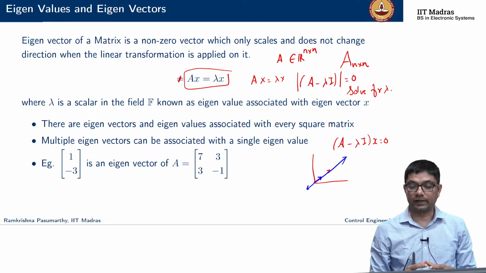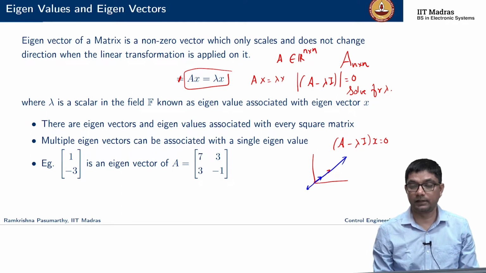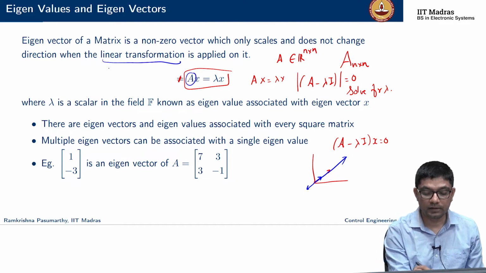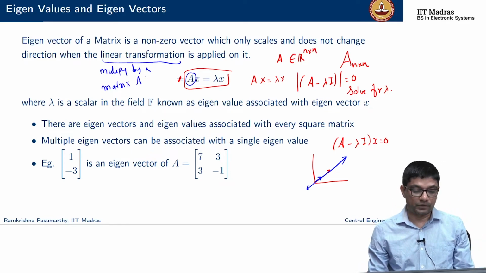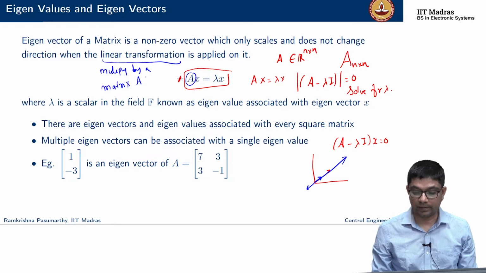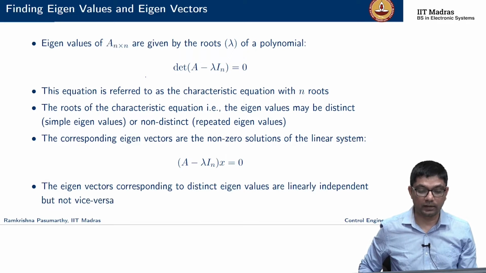So the vector only scales in magnitude and does not change direction when multiplied by A. When I say a linear transformation is applied, it just means multiply by a matrix A. There are eigenvalues and eigenvectors associated with every square matrix, and multiple eigenvectors can be associated with a single eigenvalue, and so on.